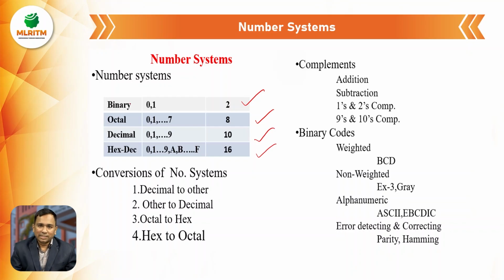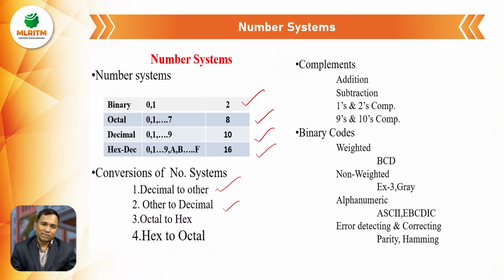Those are the basic things in the numbering system. After that, numbers can be converted into different formats. For example, conversion from decimal to other, meaning decimal to binary, decimal to octal, or decimal to hexadecimal. The next is other to decimal. In decimal to other, I take the input as decimal, and the other conversion has three types: hexadecimal, binary, and octal.